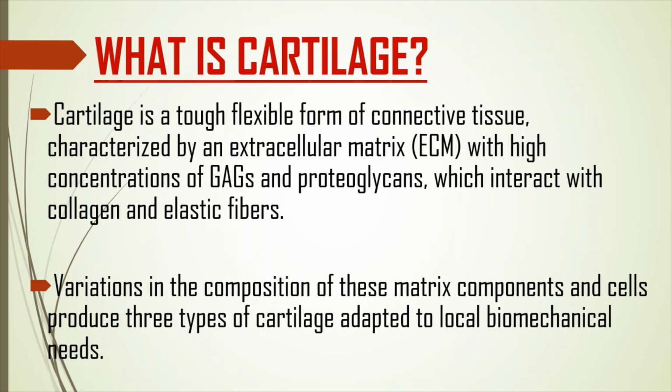Now, the variations in the composition of these matrix components, which are your GAGs, your proteoglycans, and your collagen and elastic fibers, and the cells that are found in cartilage, produce the 3 types of cartilage adapted to local biochemical needs.